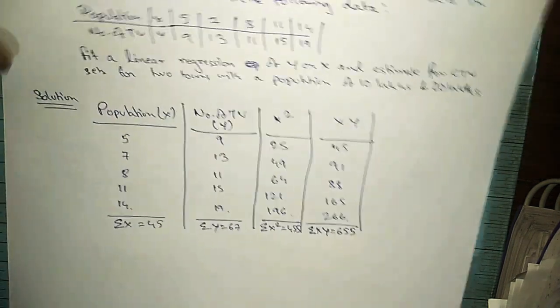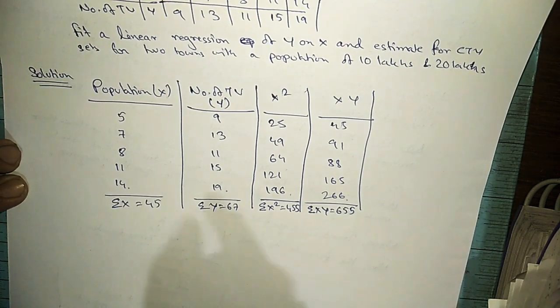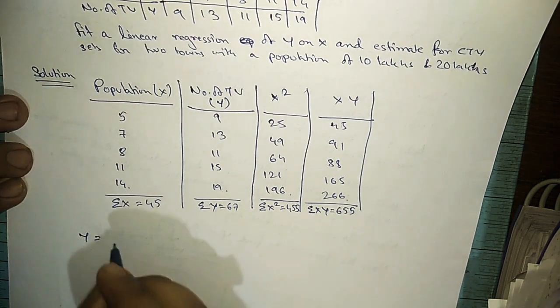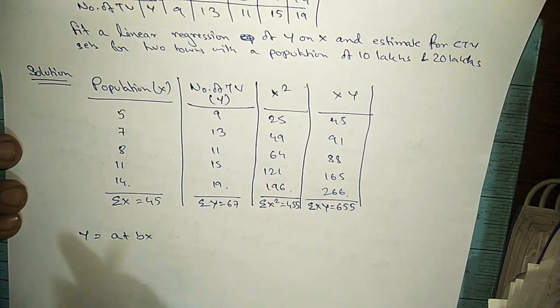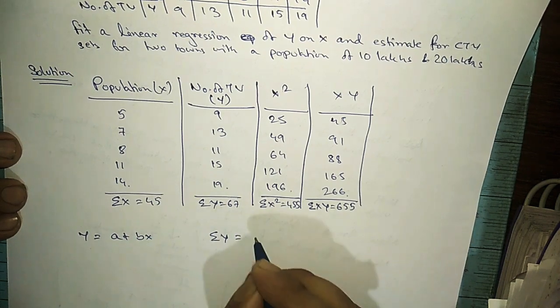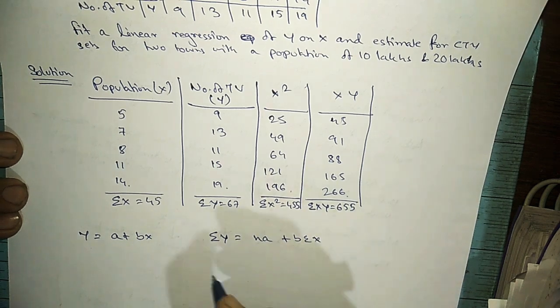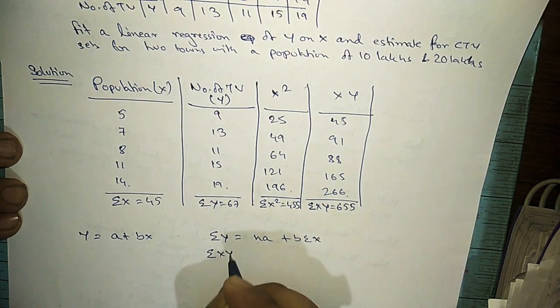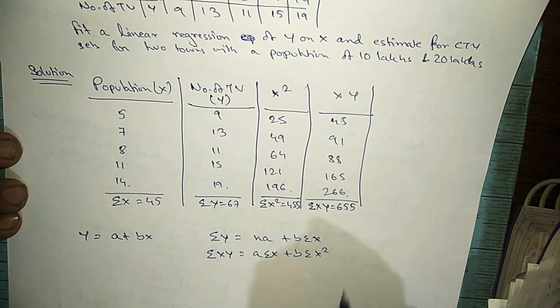Now over here, as I told you earlier, the formulas will be a little bit different for a and b. So this would be the same, y equals a plus bx. Over here you have to solve two equations. One is summation y equals na plus b summation x, and summation xy equals a summation x plus b summation x square.